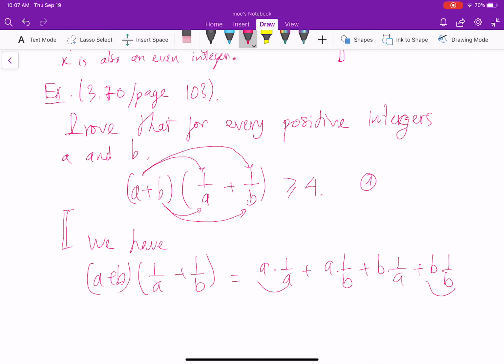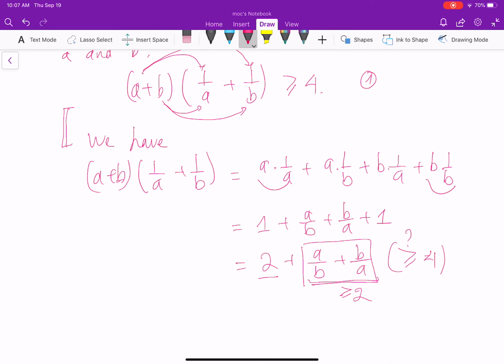Here we already have 2. So if we prove that a over b plus b over a is greater than or equal to 2, then adding 2 we get greater than or equal to 4. That is our strategy. So if we can show this is greater than or equal to 2, we are good.